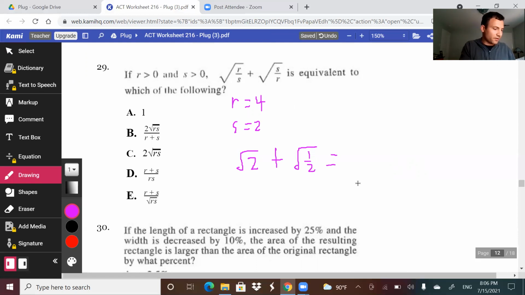Add those together just to double check again. Square root of 2 plus square root of 0.5 is 4.142. So our output should be about 2.121 again.